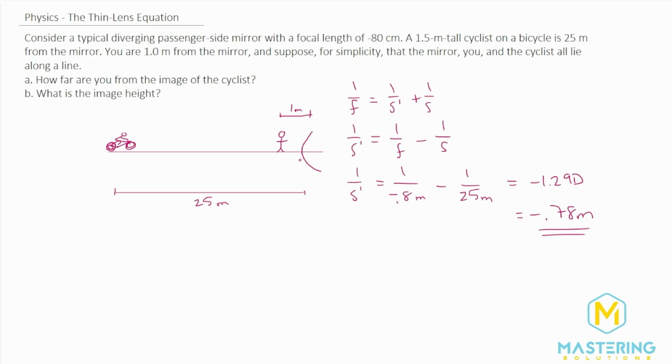All diverging mirrors create virtual images, but the negative indicates that it's on this side of the mirror. And so if we are 1 meter away from the mirror and the image that's created is another 0.78 meters away from the mirror, well, obviously, then we are 1.78 meters away from the image of the cyclist.